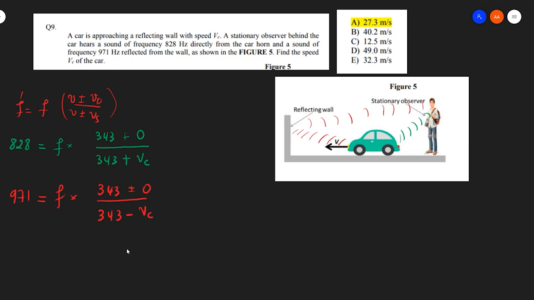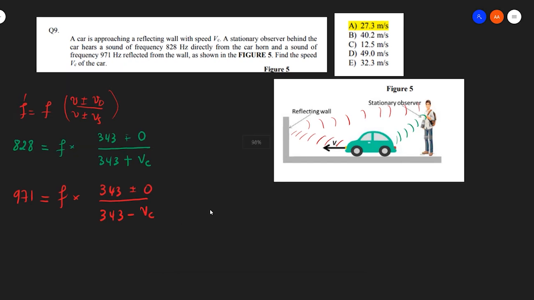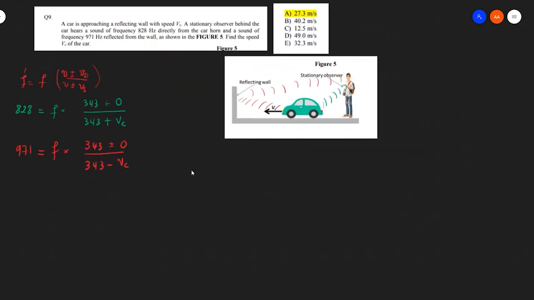Okay, great. Now, I still have this parameter F that I don't know, the frequency which is emitted by the car. It doesn't matter. Why? Because if I take my expressions 1 and 2, I will do a division term by term: 828 over 971.